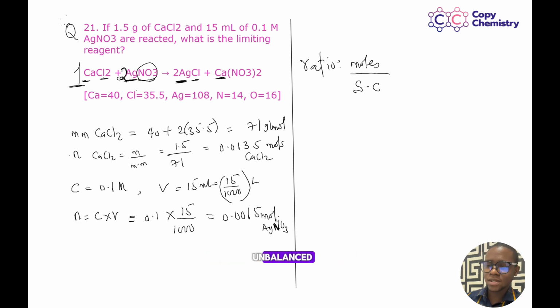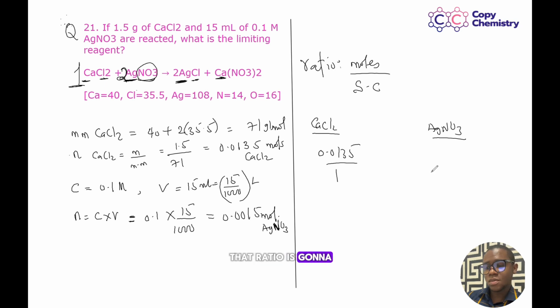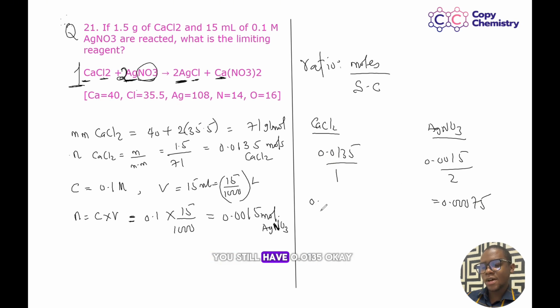Not just unbalanced. So for CaCl2, that ratio will be 0.0135 divided by 1, and for AgNO3, that ratio is going to be 0.0015 divided by 2. If you do that, 0.0015 divided by 2 should be 0.00075, and for this one you still have 0.0135.